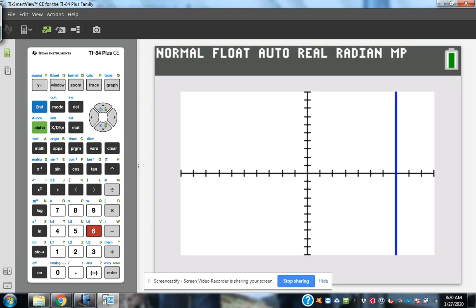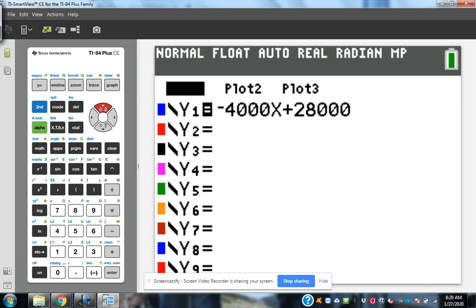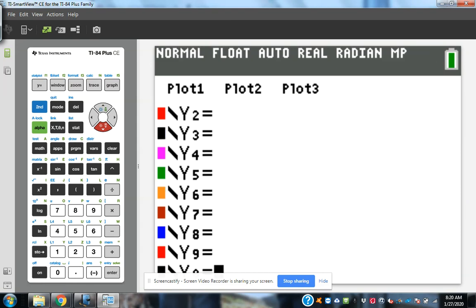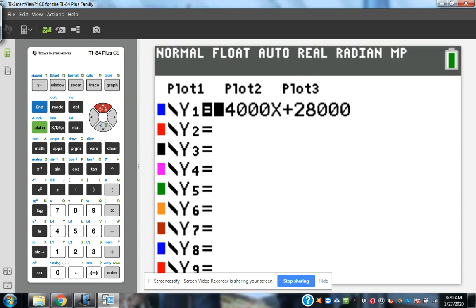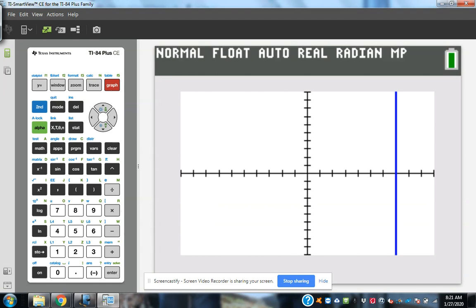When I graph that on the 10 by 10 window, I must have some other equation going on. Nope. Negative 4,000x plus 28,000. All right, so how do I need to set my window on my graph?